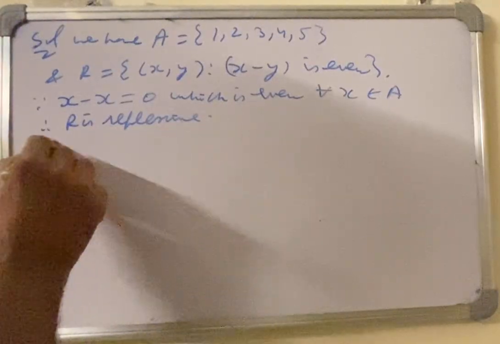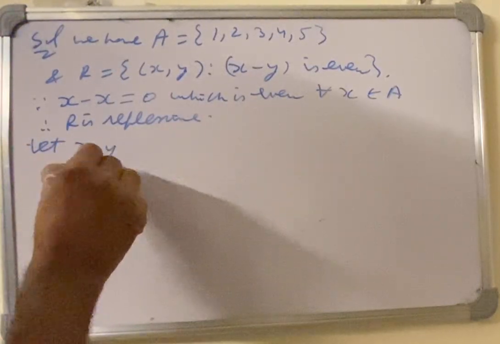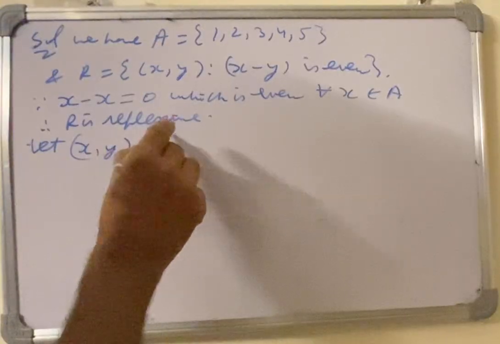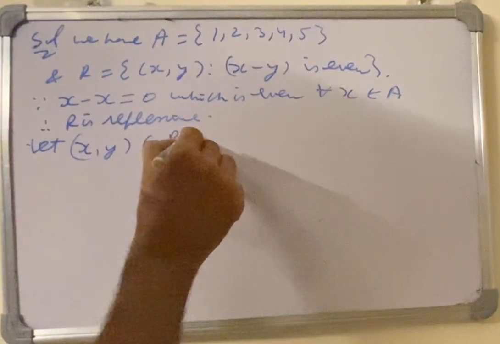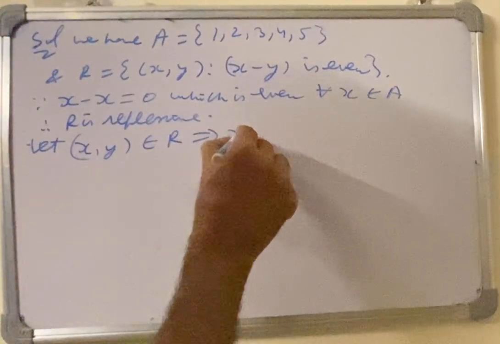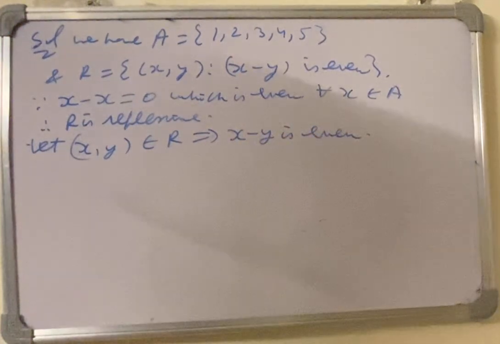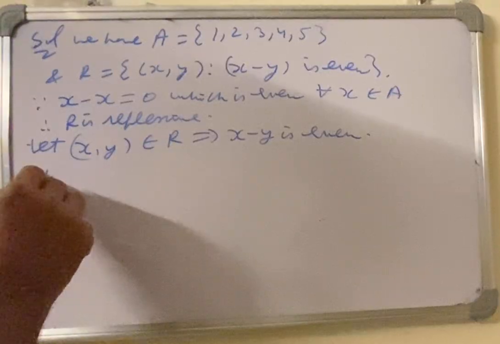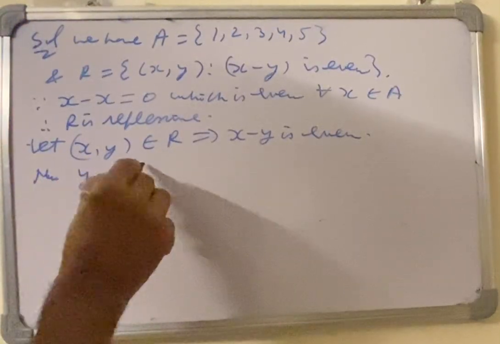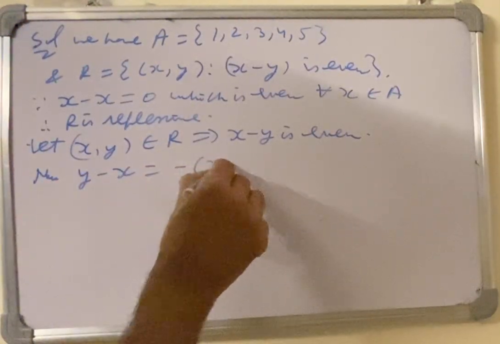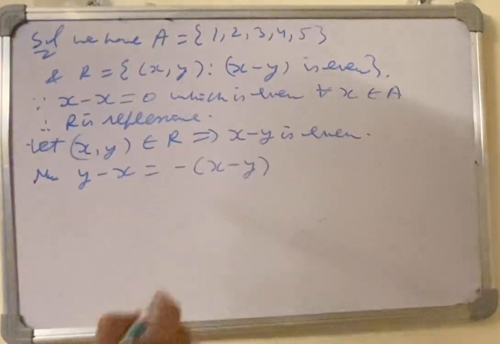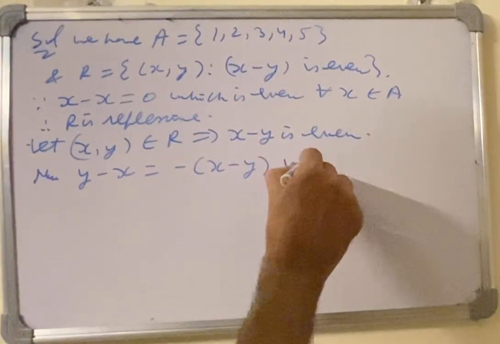Now let x, y belong to R, that means x minus y is even. Now, y minus x is equal to minus of x minus y, which is also even.